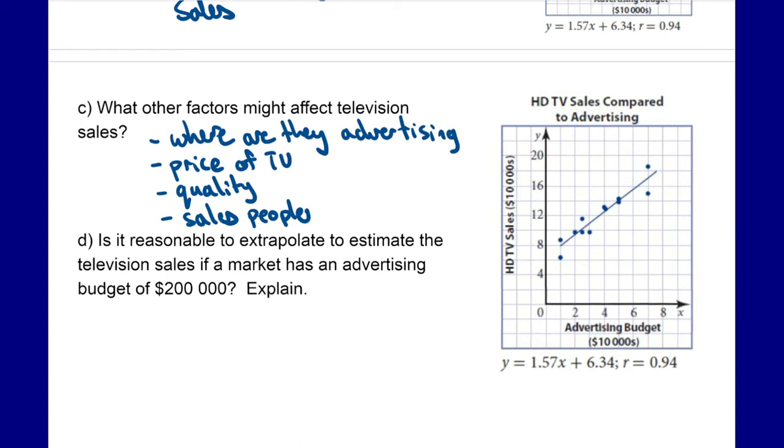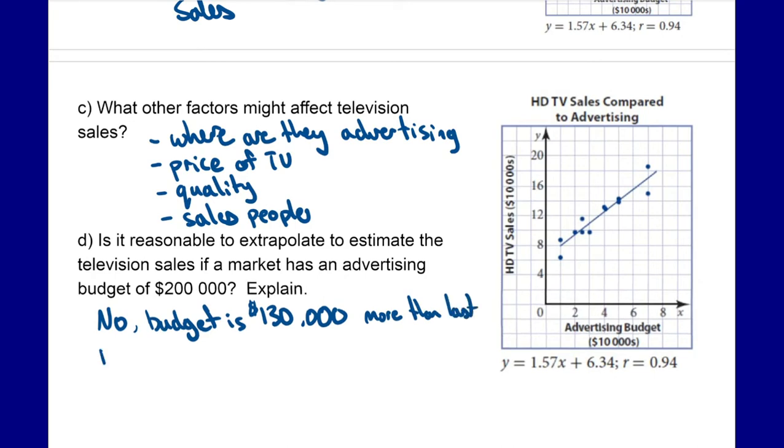In this case, I would say no. It's not reasonable, because that advertising budget is roughly $130,000 greater than the last data point we have. Because we're trying to make a prediction so far removed from the data that we have, it's hard to predict if that trend is going to continue.